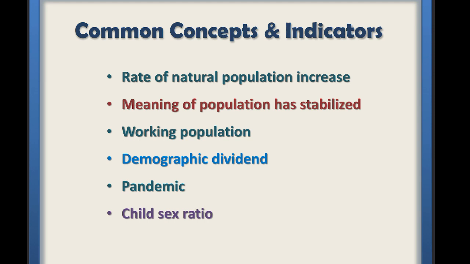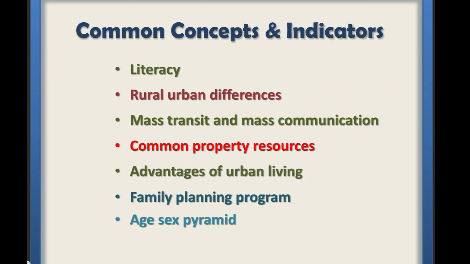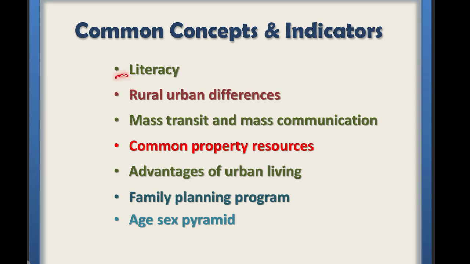So, the Prenatal Diagnostic Techniques Regulation and Prevention of Misuse Act was introduced in 1996 and further strengthened in 2003 to address this issue. The next indicator that we're going to look at is literacy, which is an instrument of empowerment.